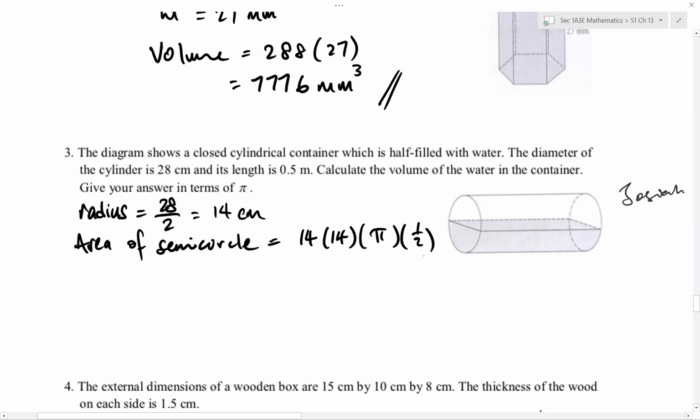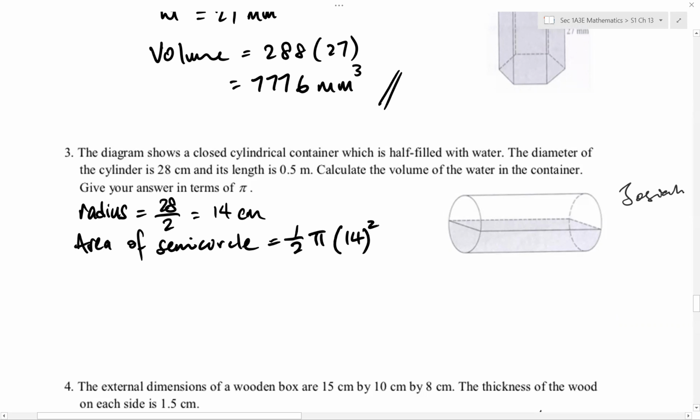Hey guys, you all memorize area of semicircle as R times pi times half. Okay, not wrong, not wrong. But the logical way of saying it is half times pi R square, isn't it? That's a logical way of saying it lah.